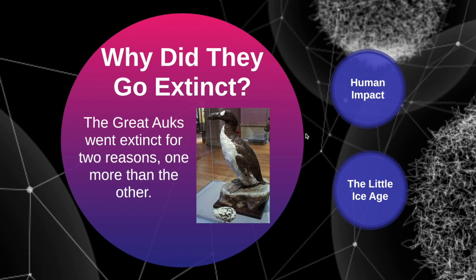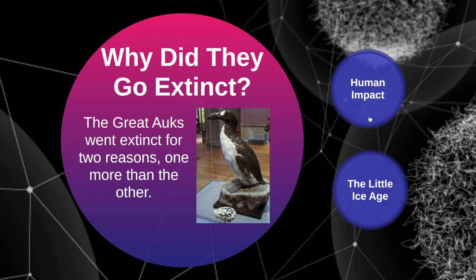However, when we bring these species back, both of these factors will not impact their population. For example, the Little Ice Age will not impact them when we bring them back now, because we will bring them back to a place where there are no predators at the beginning.